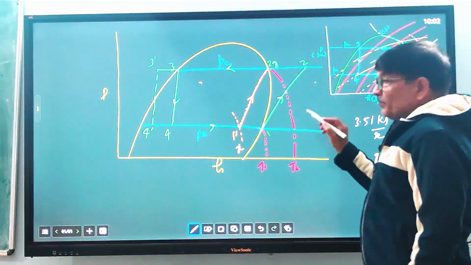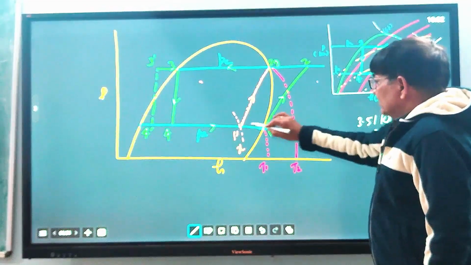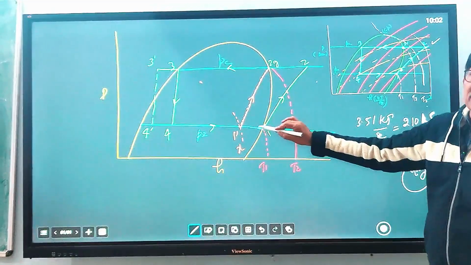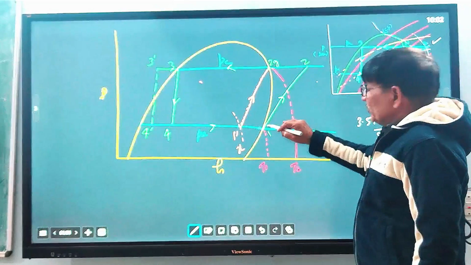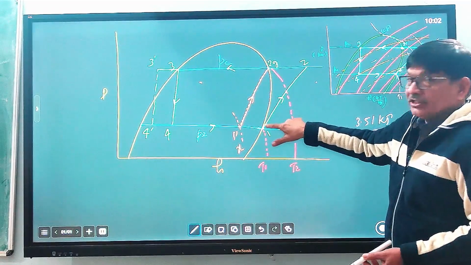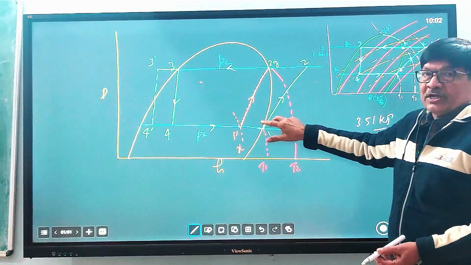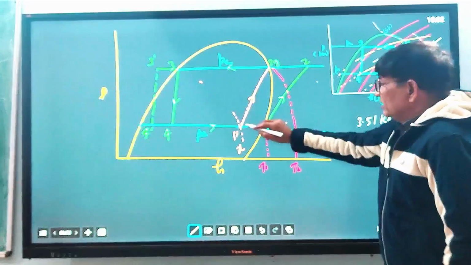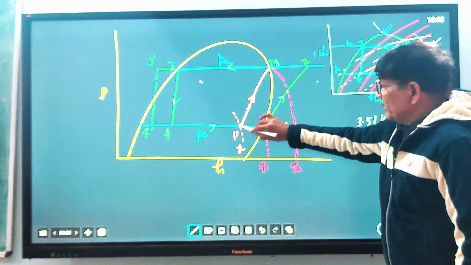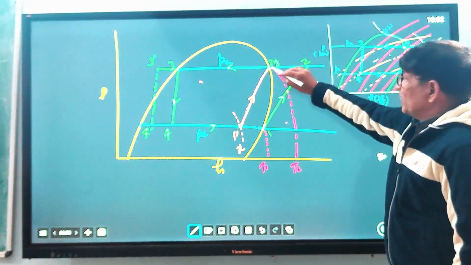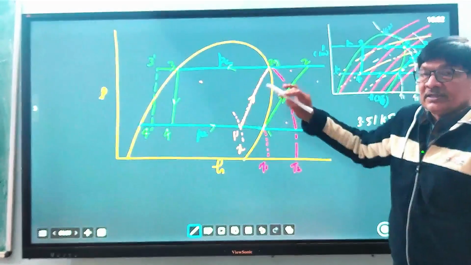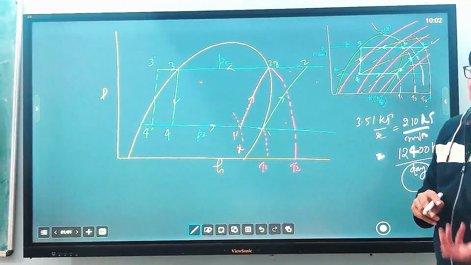The third condition is the most important, because this one is almost impossible to achieve. How can the evaporator be controlled so that after evaporation the vapor is just fully saturated, with no moisture content and no superheat? This is also impossible, and this point is also very difficult to achieve, because compression must start at a point such that when the refrigerant leaves the compressor it is fully saturated, fully gaseous, with no moisture content and no superheat.